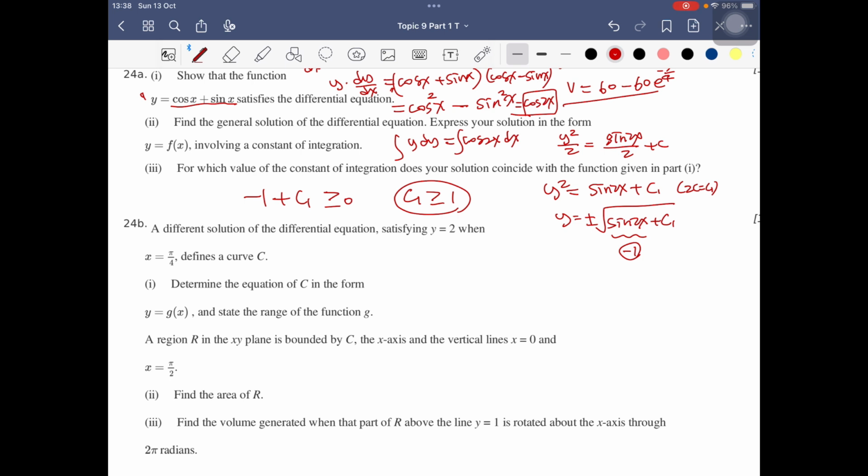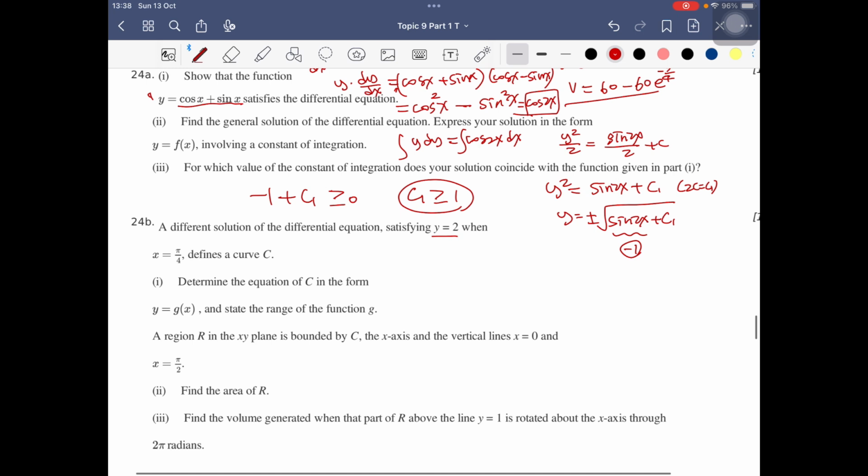And 24b, the same differential equation, but now we have a condition here. When x equals pi over 4, y equals 2. So in this case, y is 2, so we use only plus. So 1 plus c1, sine pi over 2 plus c1, so c1 should be 3.